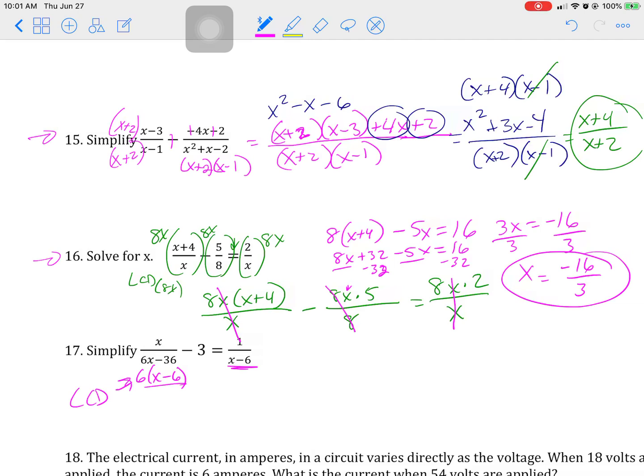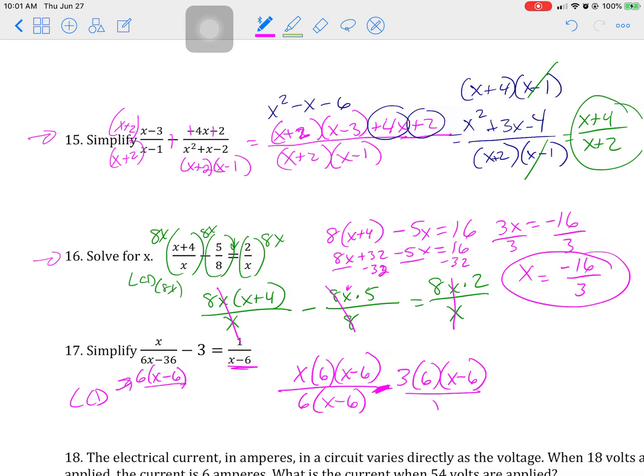Here, let me write this out. This is kind of written out the long way. Hang in there. You think of it as over 1 at the moment, okay?